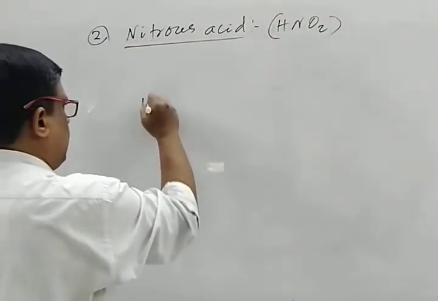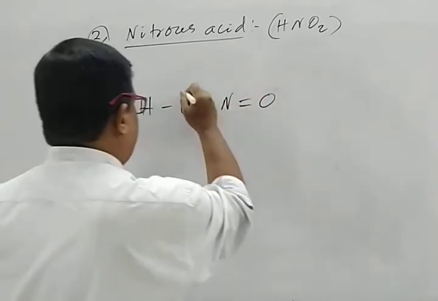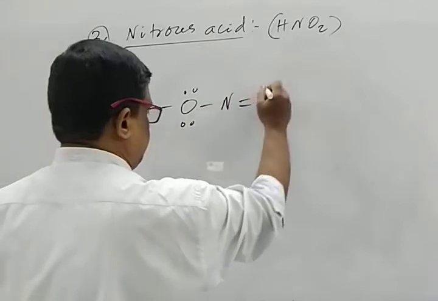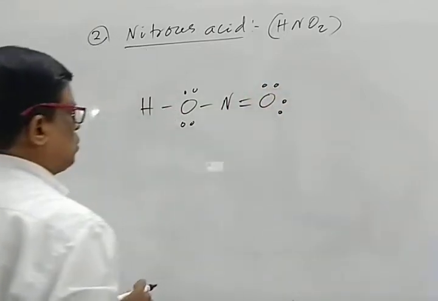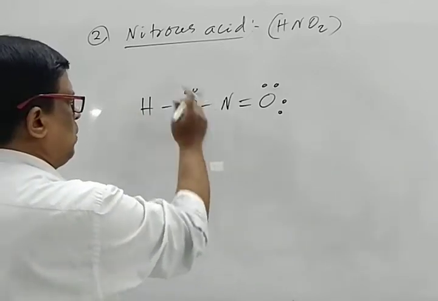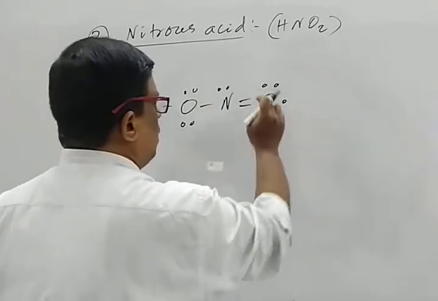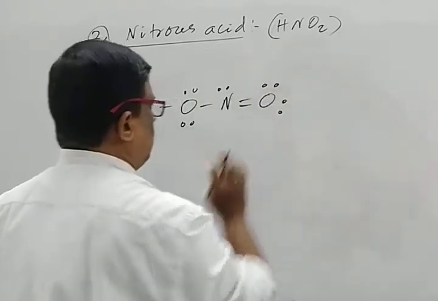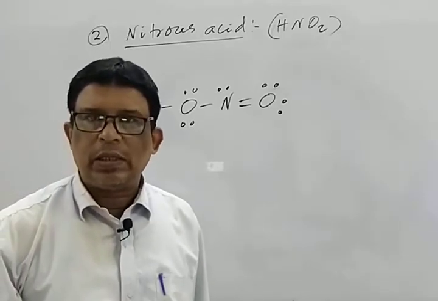Just before we write the Lewis structure, HONO, mark that. So here the duplet is satisfied, and 1, 2, 3, 4, 5, 6, 7, 8, octet; 1, 2, 3, 4, 5, 6, 7, 8, octet; 1, 2, 3, 4, 5, 6, 7, 8, octet. Mark that. It is a Lewis representation for nitrous acid.